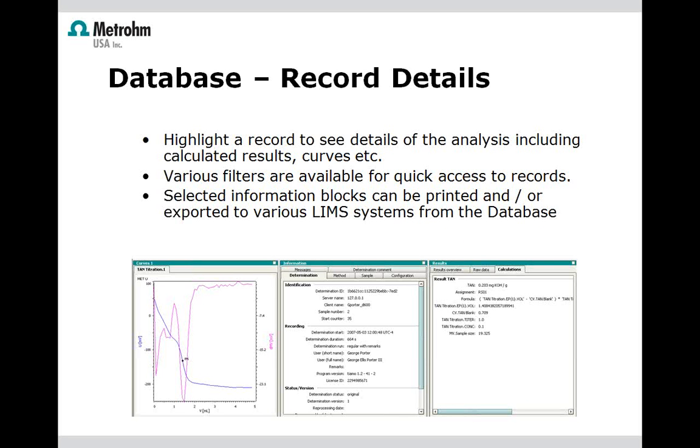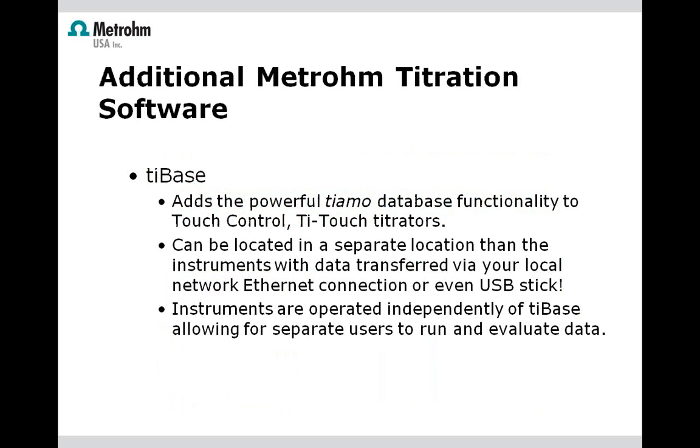So if you're interested in seeing all the QC samples that you've run historically, you can use our quick filter function to get your database showing only your QC data that you've acquired over X period of time. You can also select an entire block of data in the database, and export that to your LIMS system, or print those determination files to your network printer.